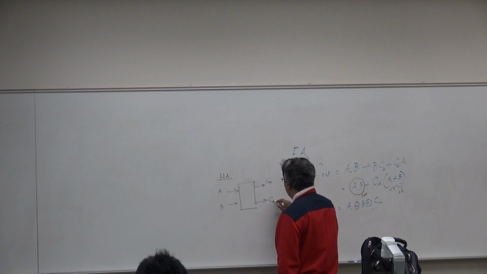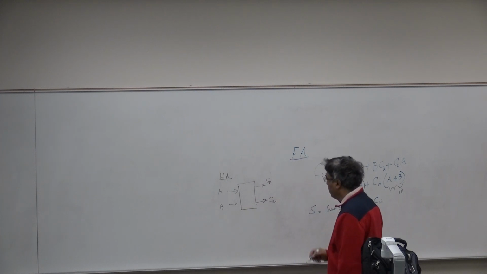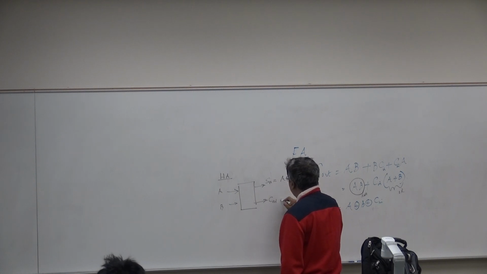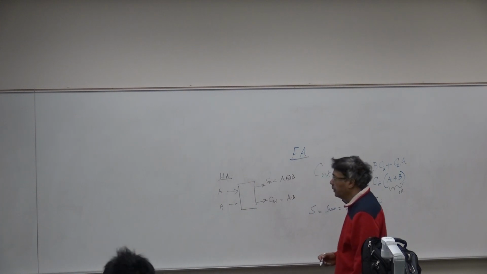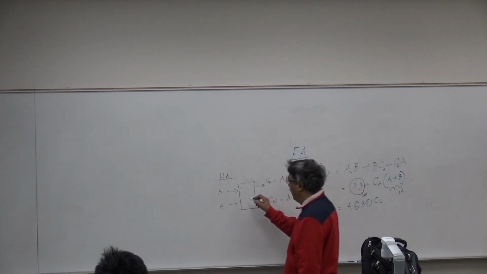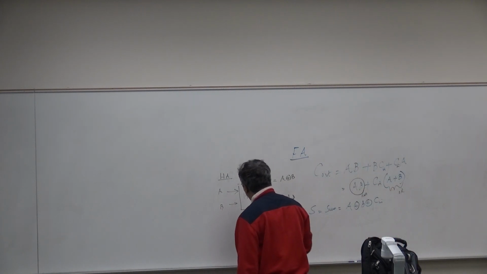The sum is A exclusive or B, and the carry is AB. So this is what the half adder is.